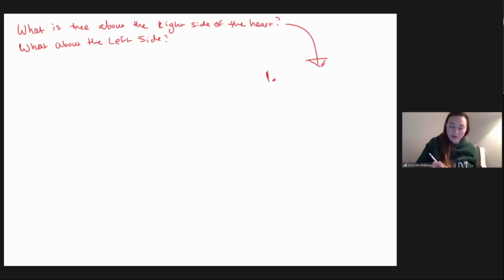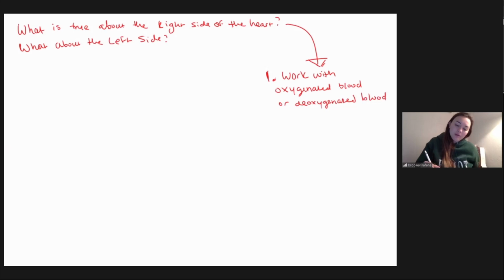Does the right side of the heart work with oxygenated blood or deoxygenated blood? So everybody throw a guess. We'll do A or B. Does the right side of the heart work with A or B? B, right? So we're going to talk about that.